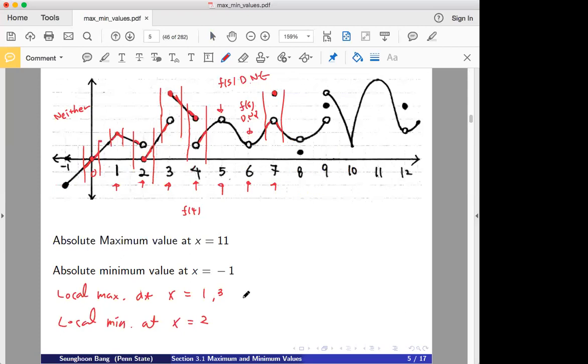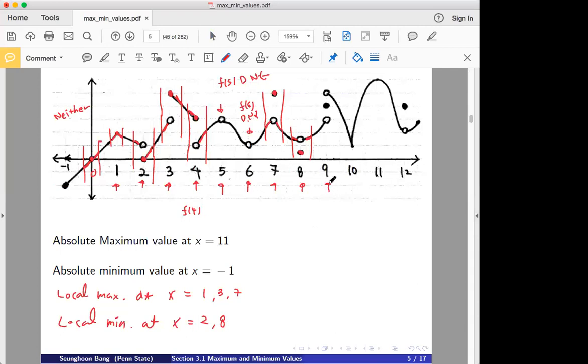Yes, local maximum at 7. How about 8? Local minimum, yes. Cut like this. This is a function value, a closed dot. Compare with the left-hand side, lower. Compare with the right-hand side, lower. This is a local minimum at 8.